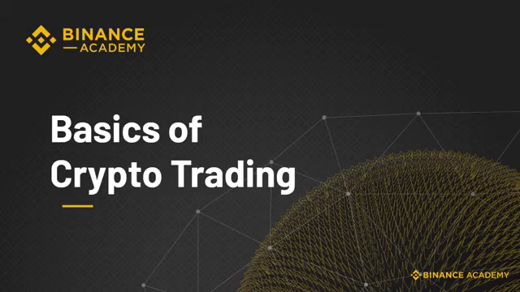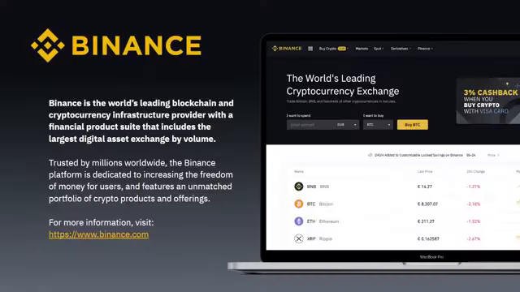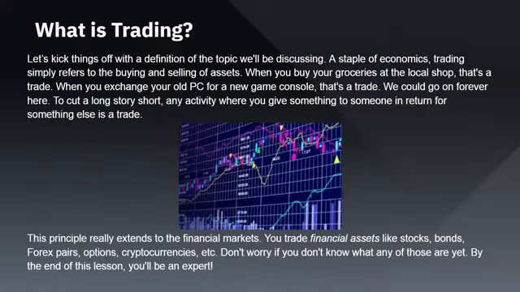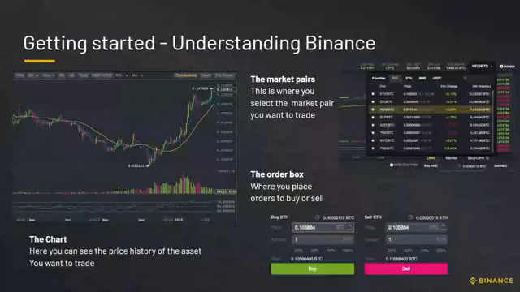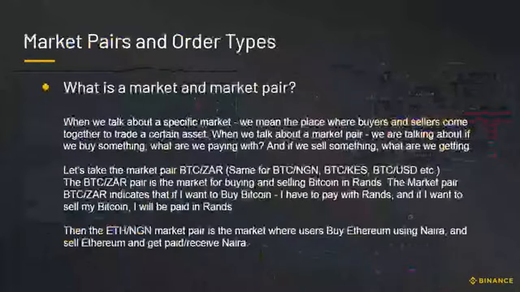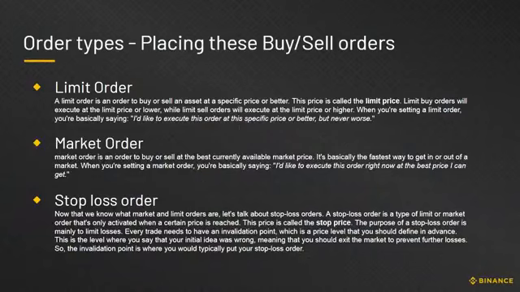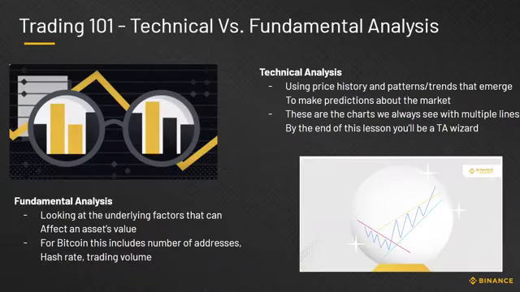So we went on to talk about the basics of crypto trading, which is technical analysis and fundamental analysis. We talked about how you can use it on the Binance platform: what is trading, what are currency pairs, what is a limit order, market order, stop loss order.